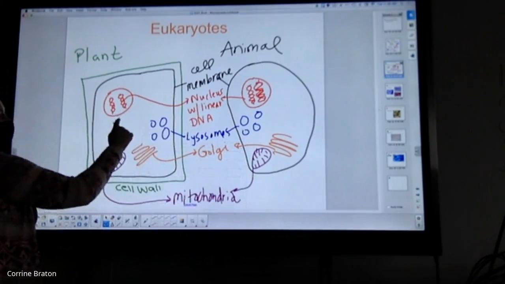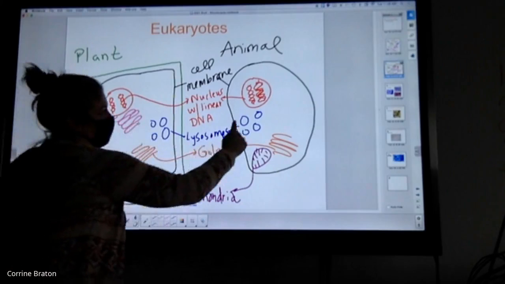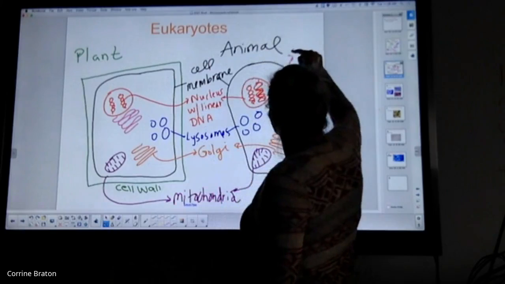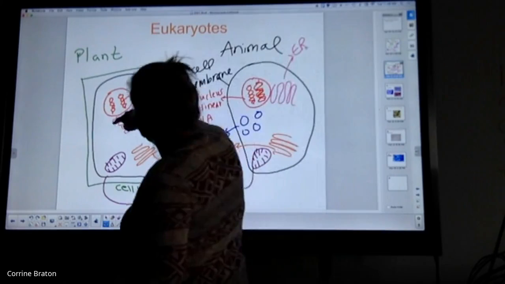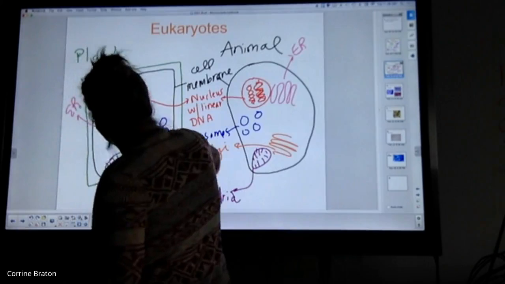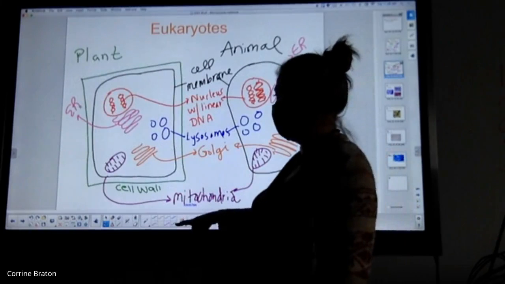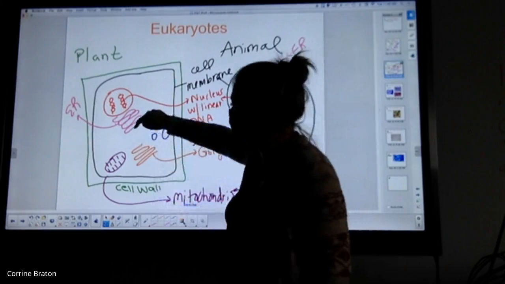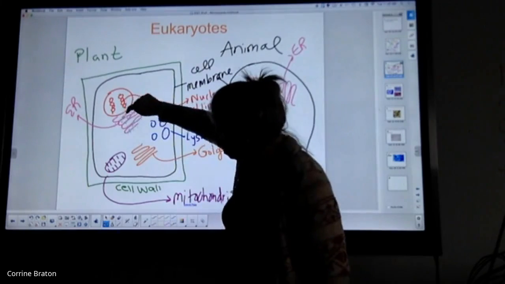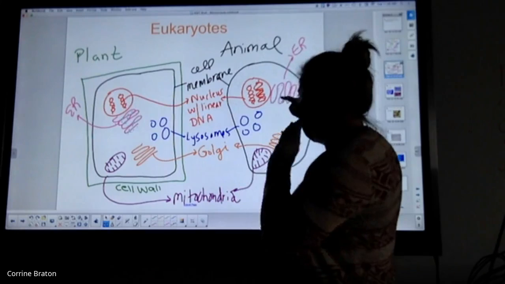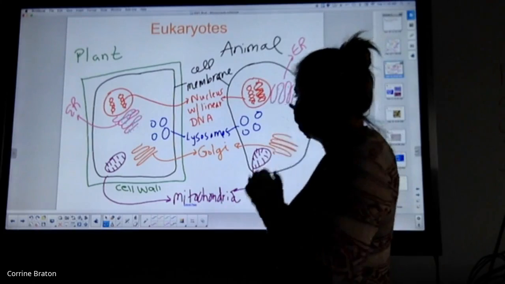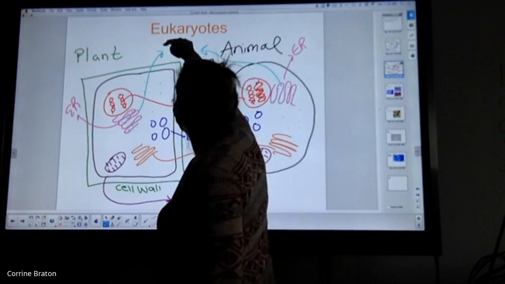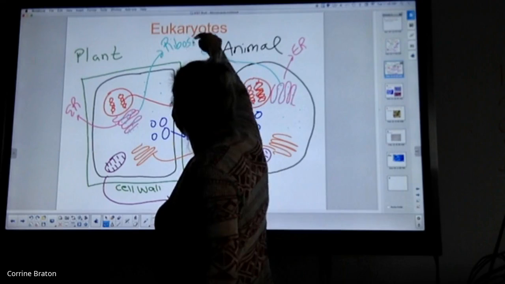It's called the ER, the endoplasmic reticulum. On the endoplasmic reticulum is where you find eukaryote ribosomes. We do have some floating ribosomes, but most are on the ER.